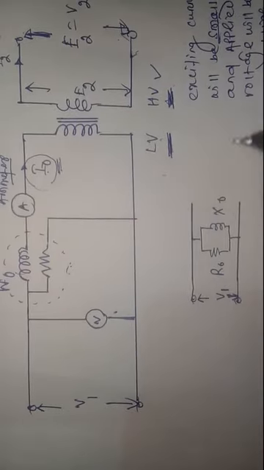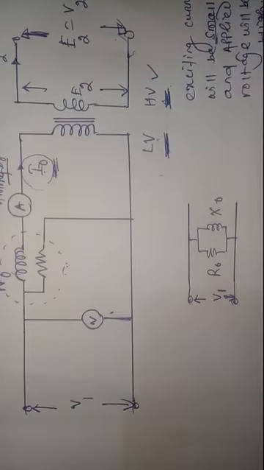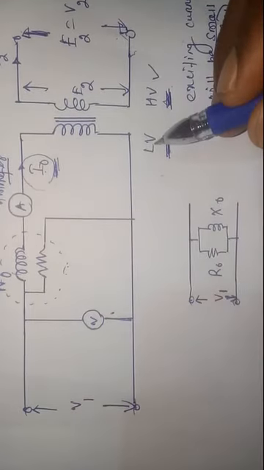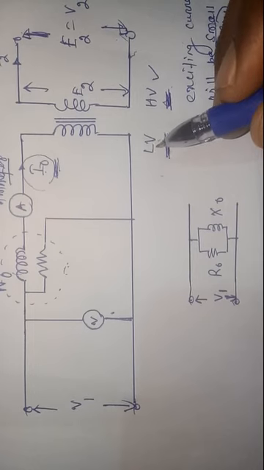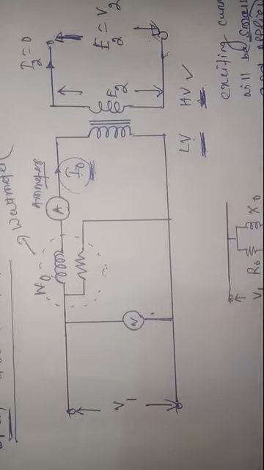Since this no load current I0 is very small, generally 2 to 10% of the rated current, the copper loss will be very small, which is negligible. So the wattmeter reads only the iron loss.